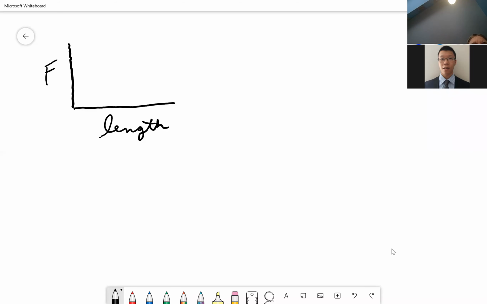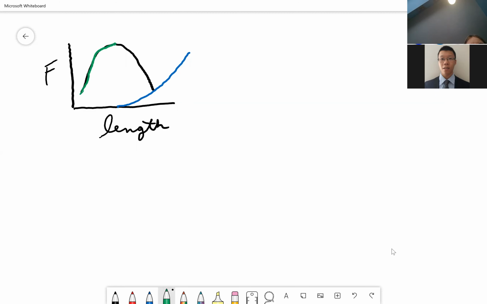And so, of course, with the force length curve, you've got two components. You've got the active component, and you have the passive component. So starting at a resting length and then going up. And then the actual force length curve follows up to here.